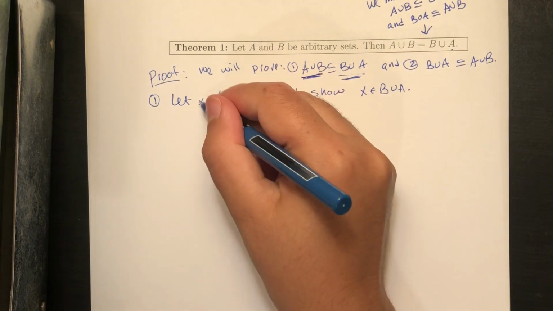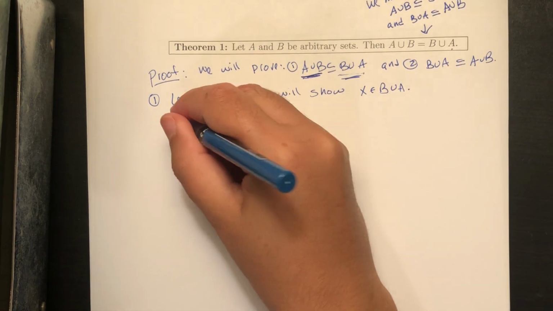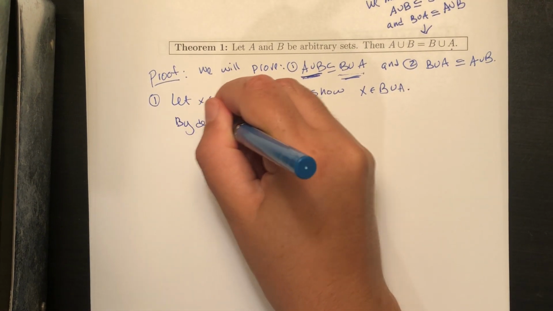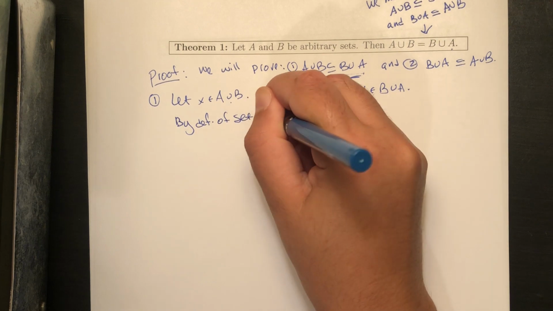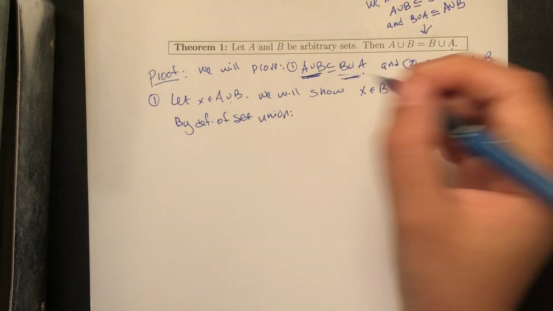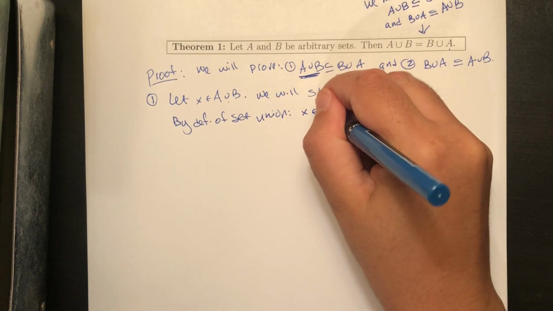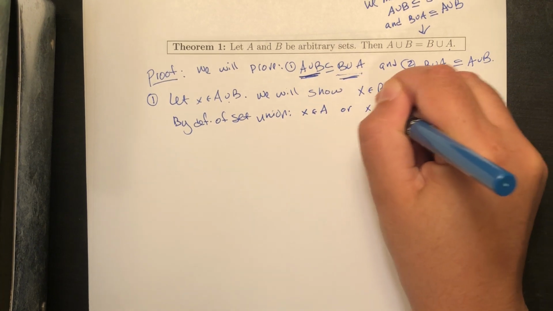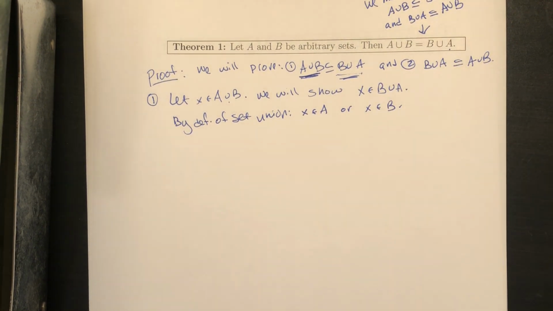Okay, well, let's unpack this using the definition of set union. This means X is an element of A or X is an element of B. Okay, now what are we trying to show?